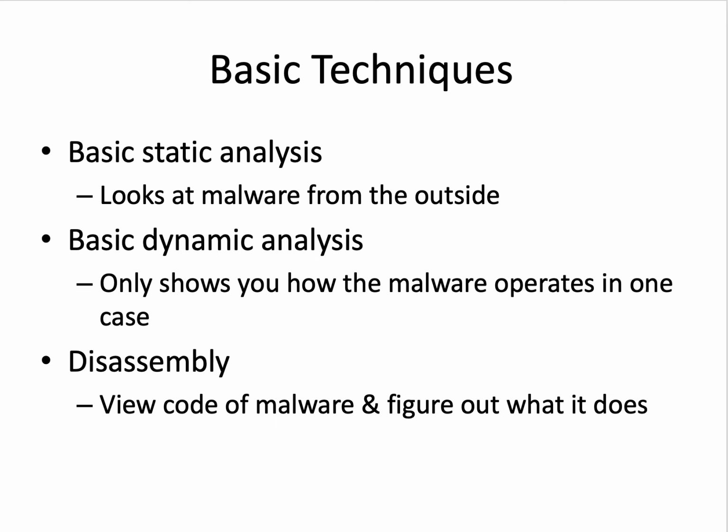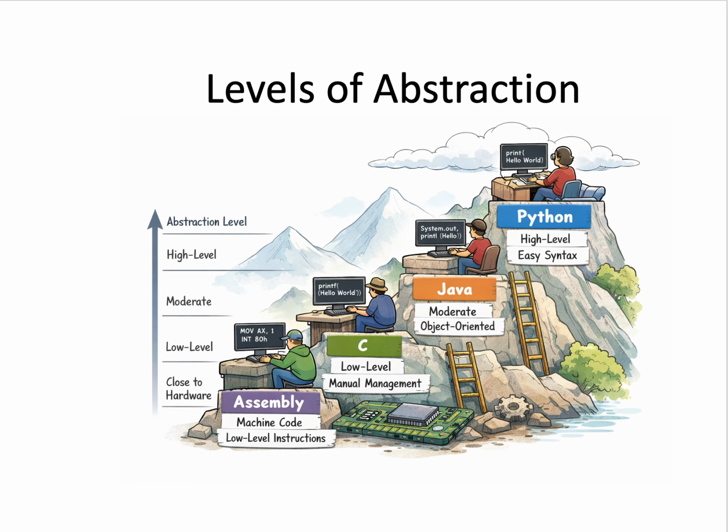Now, it's really important that we take a look at the notion of abstraction. The way code is written, the source code defines how close it is to the real hardware, because at the end of the day, that's what any program does.